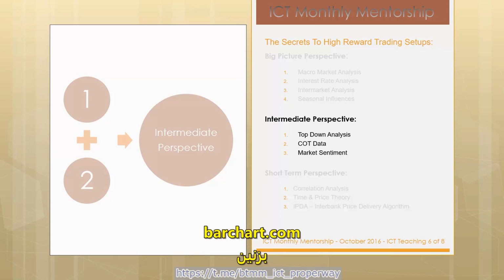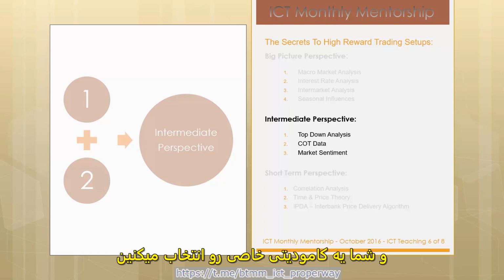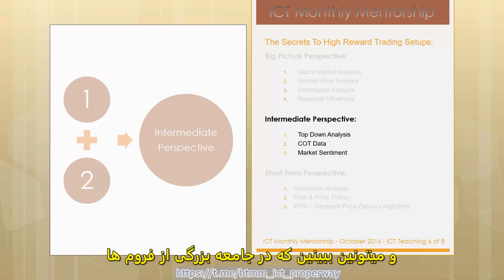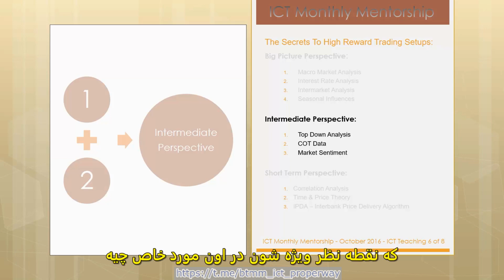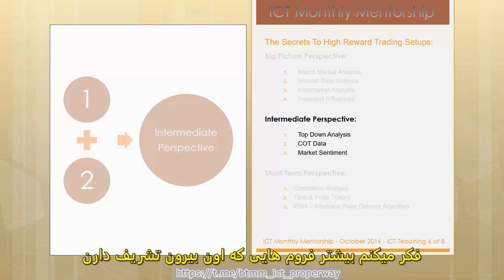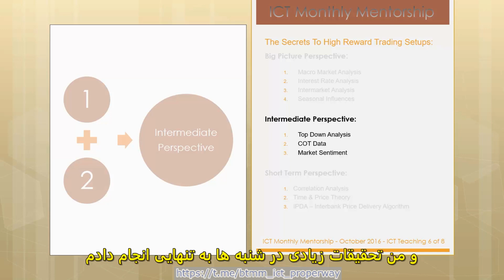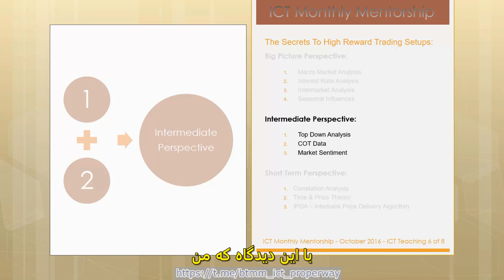If you go to barchart.com and pull up a specific commodity, you can see what the community at large in that forum thinks. Just about every forum out there has a way of measuring sentiment, and I do a lot of research on Saturdays with that perspective alone. I go through a lot of resources and I actually show you where I get all my sentiment numbers.